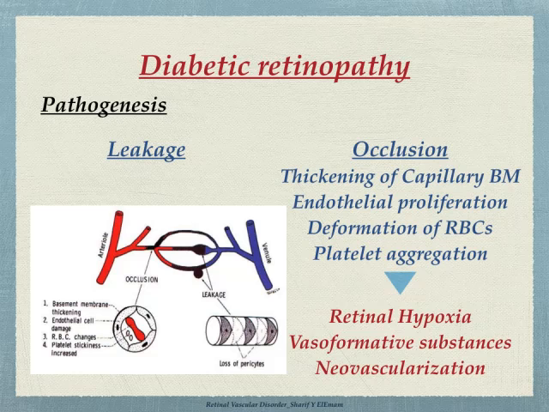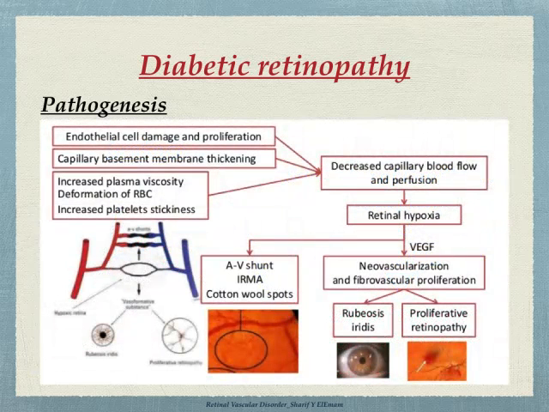This can lead to abnormal neovascularization, abnormal blood vessels forming inside the retina, which are different from the main blood vessels of the retina: they are very thin, they are arborizing, or they branch a lot, and they are very weak. That's why they can easily rupture, leading to vitreous hemorrhage or subhyaloid hemorrhage. So this is the pathogenesis of diabetic retinopathy.